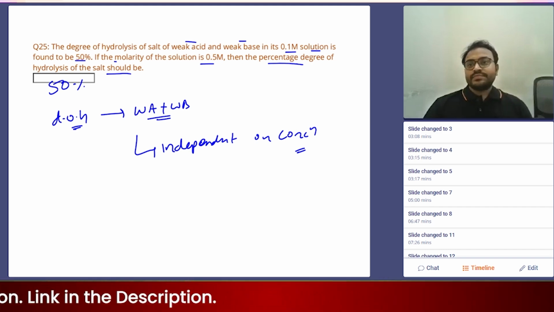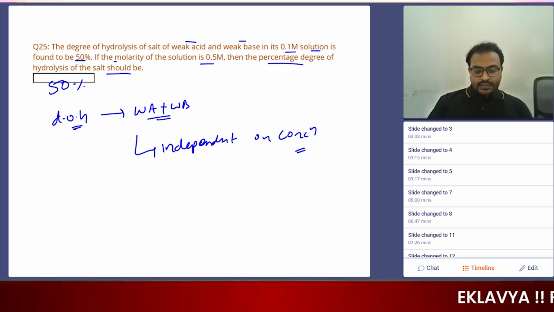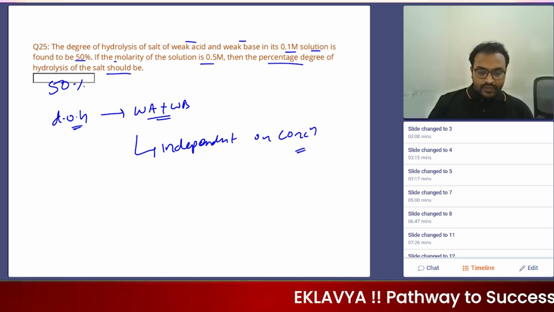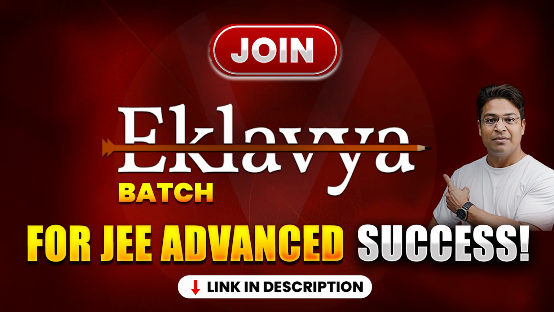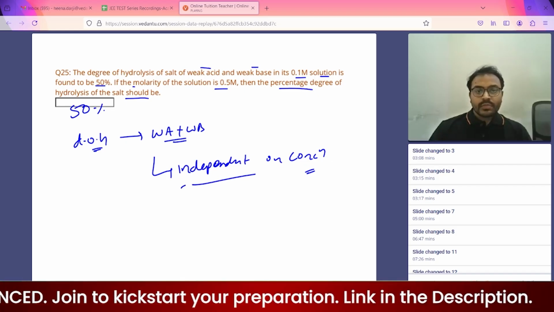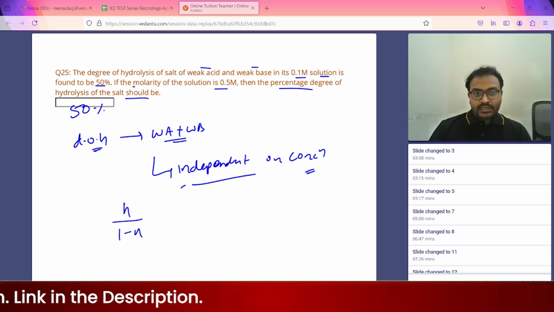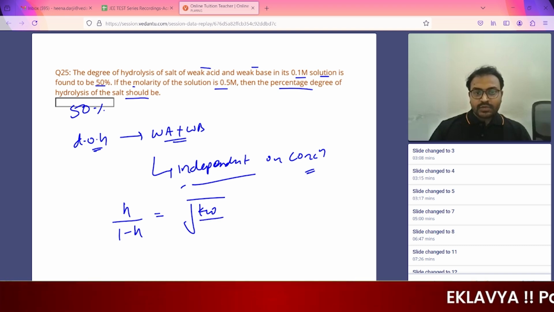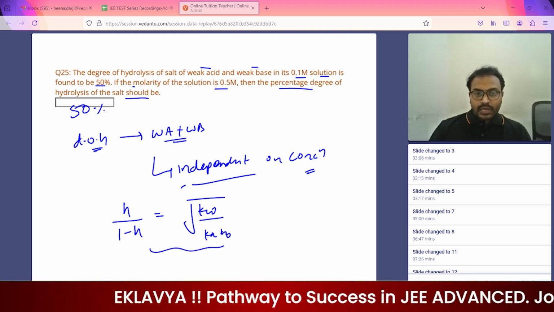I hope this question is clear to all of you. Or else you can write the relation for weak acid, weak base: h upon 1 minus h equals under root of Kw by Ka into Kb.